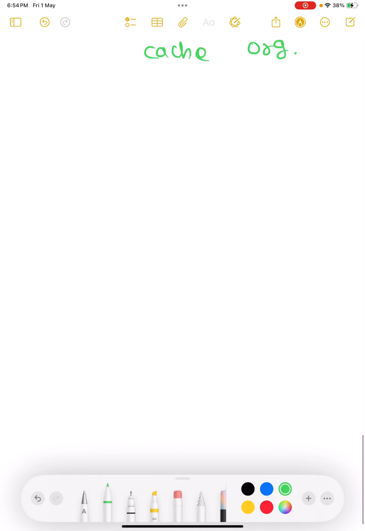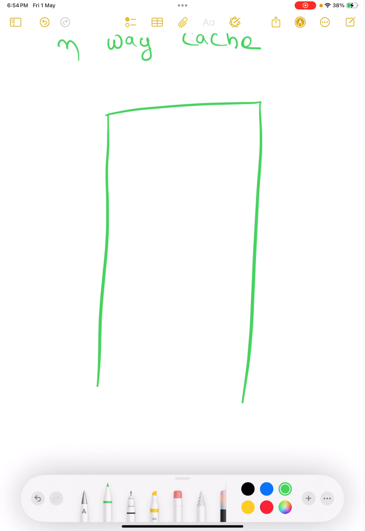Okay, what is that? If someone tells that I have a cache which supports an n-way cache, then what does it mean? Let us suppose we have a bigger cache block.